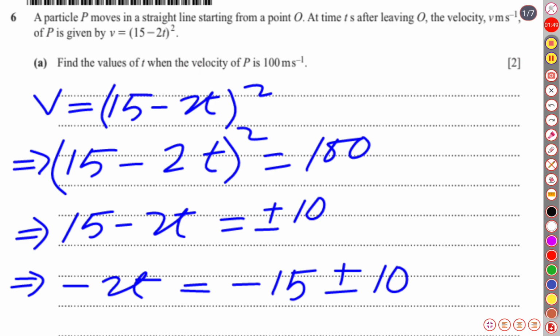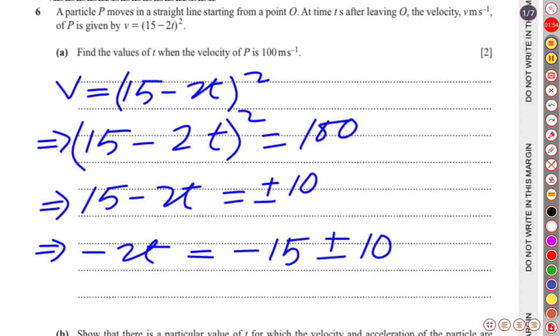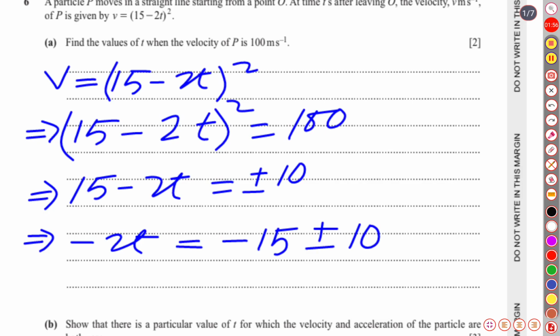If we discard the negative symbol from each of the sides, 2t is equal to 15 plus or minus 10. Now look at this. If we use the positive symbol, 15 plus 10 is equal to 25.